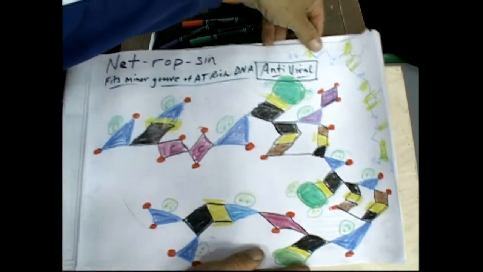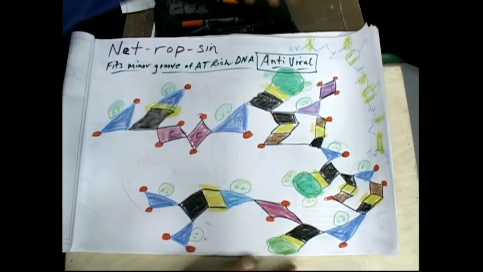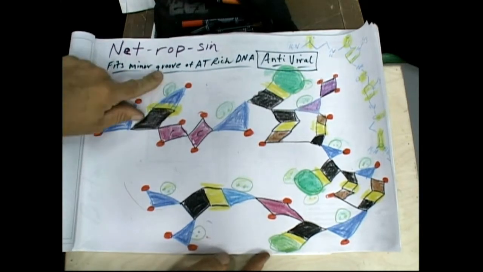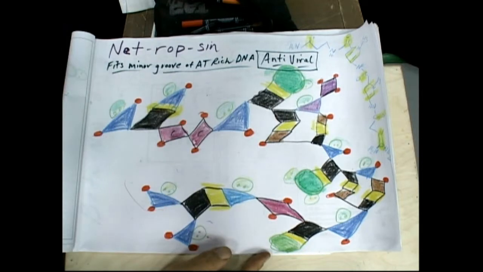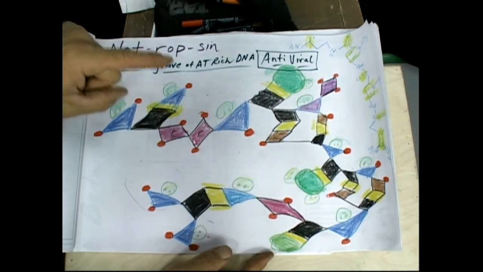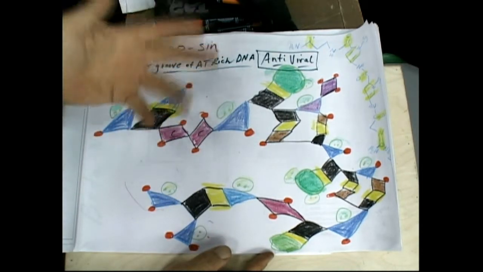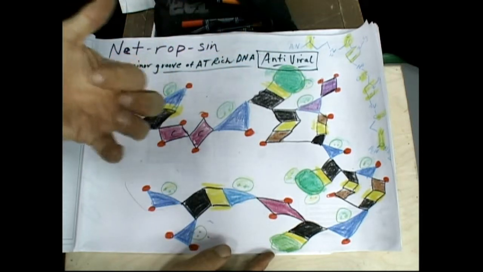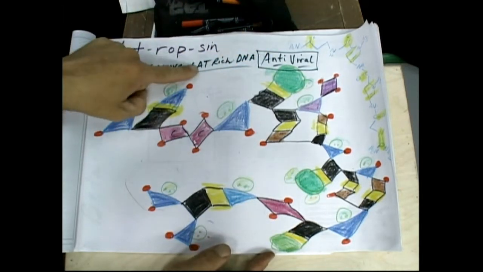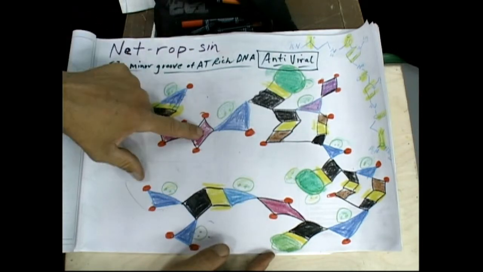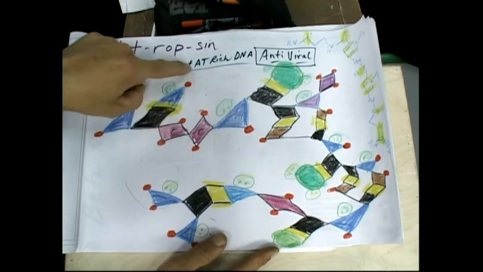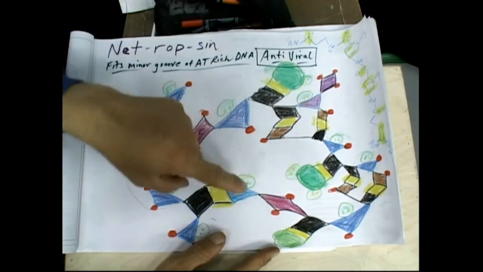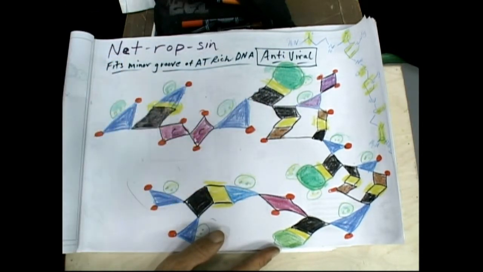And what makes this so cool is that it fits in the minor groove. If you have a DNA strand that's cancerous or it's giving you trouble, this is called an antiviral. Say the virus. Virus has DNA. AT-rich portions of that, this will bind to it. So one of these days we'll draw some AT strings going along and we'll see how this could fit in there.